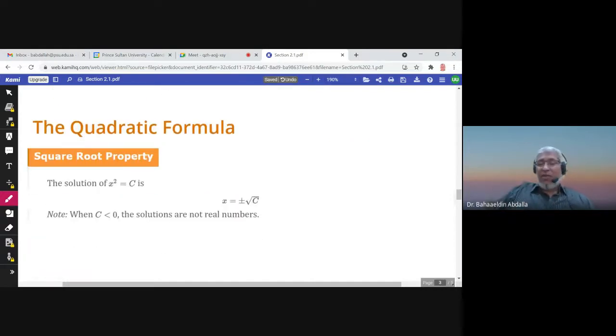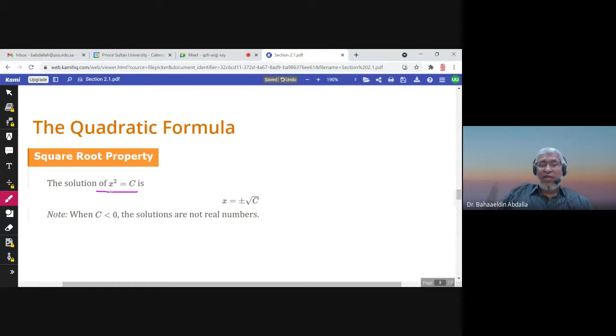The second method is the quadratic formula. And first, let us talk about the square root property. This is a very important property. It says the solutions of x squared equals c. It's a quadratic equation, but with b equal to 0, and c we take to the other side.